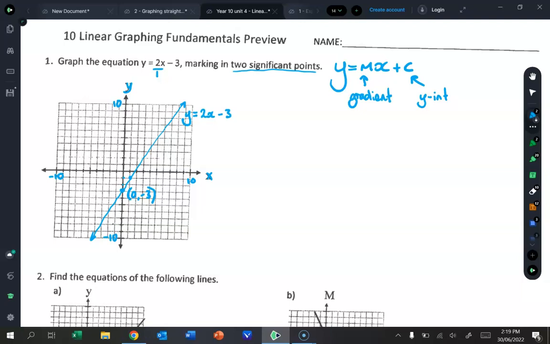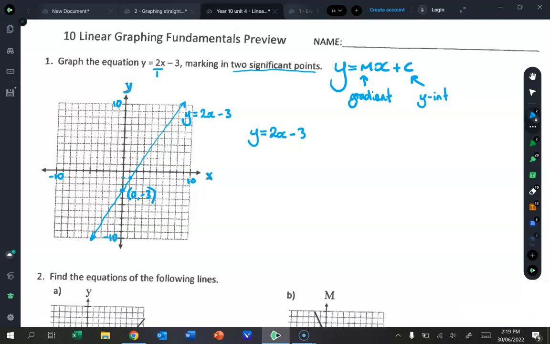Now, we kind of cheat when we go looking for the y-intercept by just picking on that little number that's by itself in the equation, the constant or the y-intercept value that's there. But really what we're doing here is when we take our equation, y equals 2x - 3, and we're trying to find the y-intercept, we're making x 0, okay?